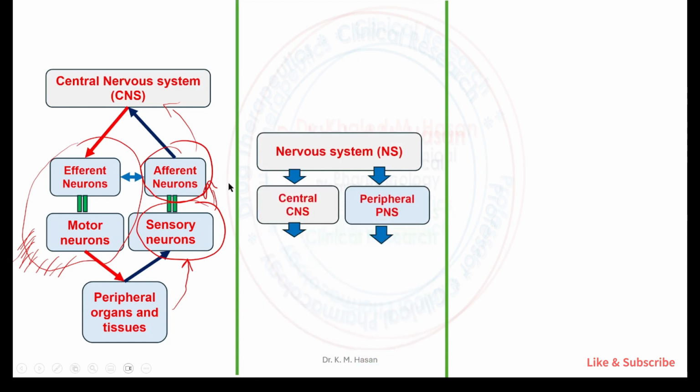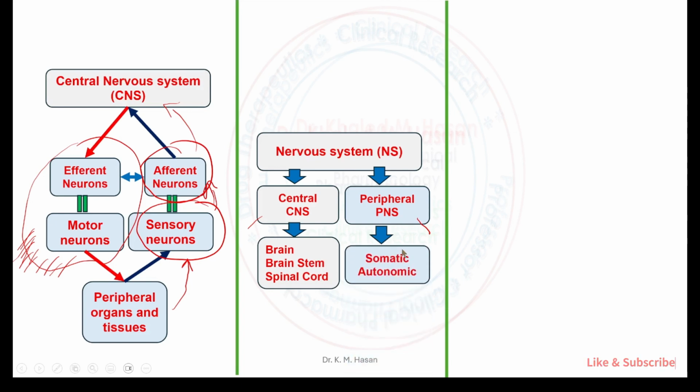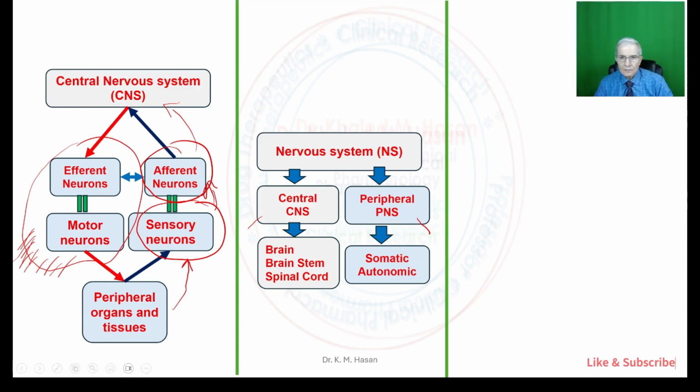Regarding the nervous system in general, we have the central nervous system and the peripheral nervous system. The central nervous system includes the brain, brain stem, and spinal cord. Regarding the peripheral system, we have two main parts: the somatic and the autonomic nervous system.